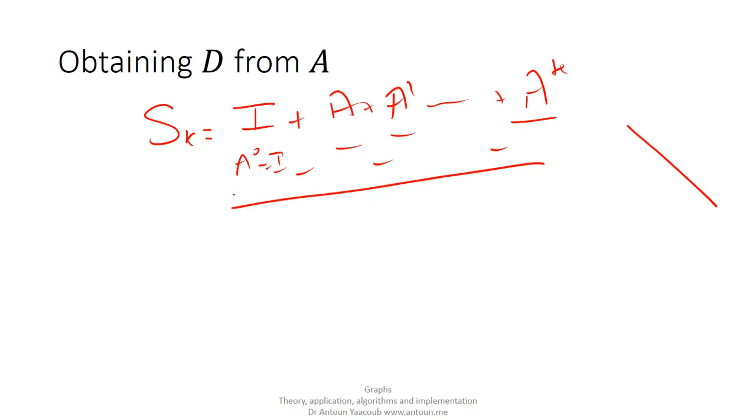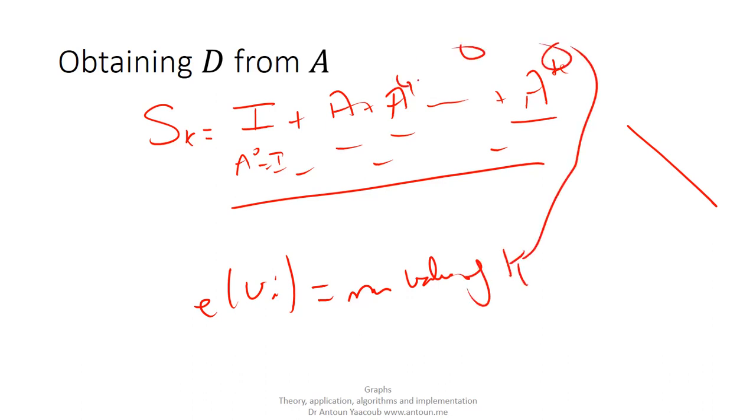So we have a theorem here: given a graph with vertex set V and adjacency matrix A, the eccentricity of each vertex vi is equal to the minimum value of k, depending on which exponent of the adjacency matrix we have used, such that row i has no zero entries.